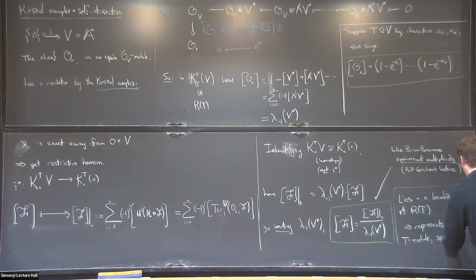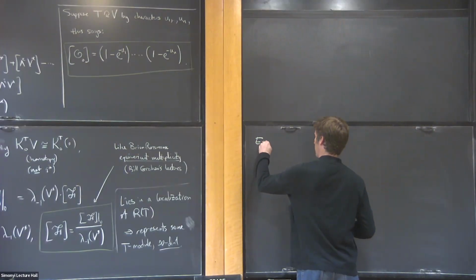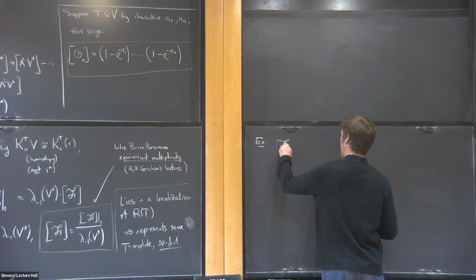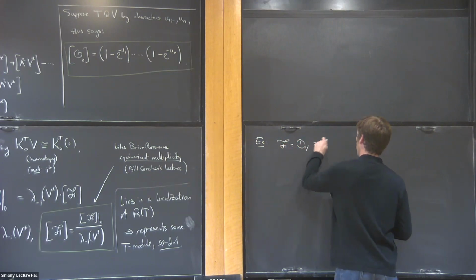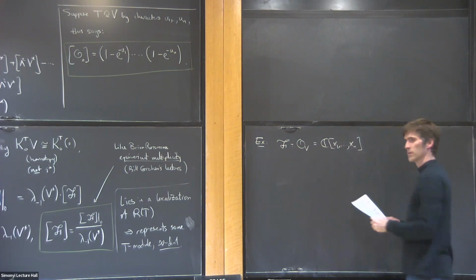The case I'll talk about is definitely infinite dimensional. So let me just write out an example of that. Let's just take F to be O of V, and I'm going to regard that as a polynomial ring.